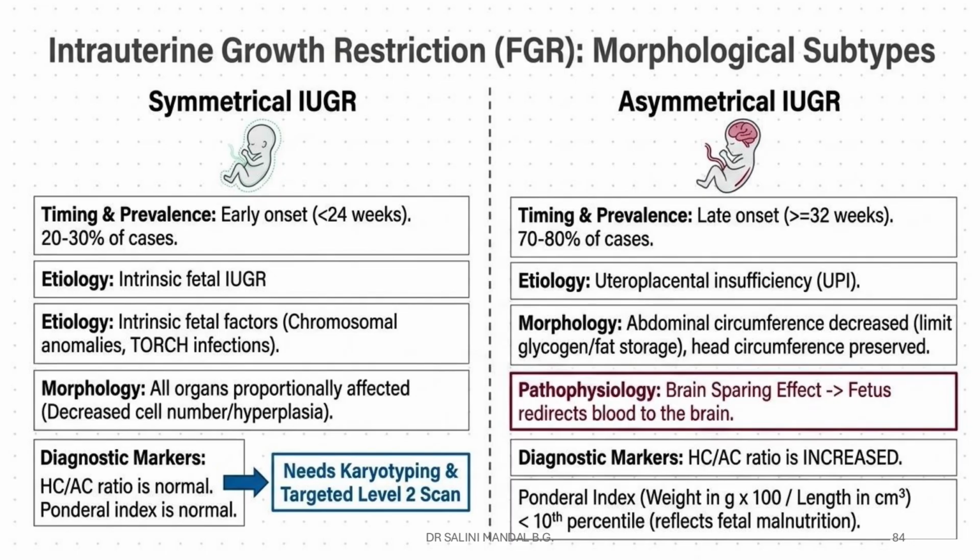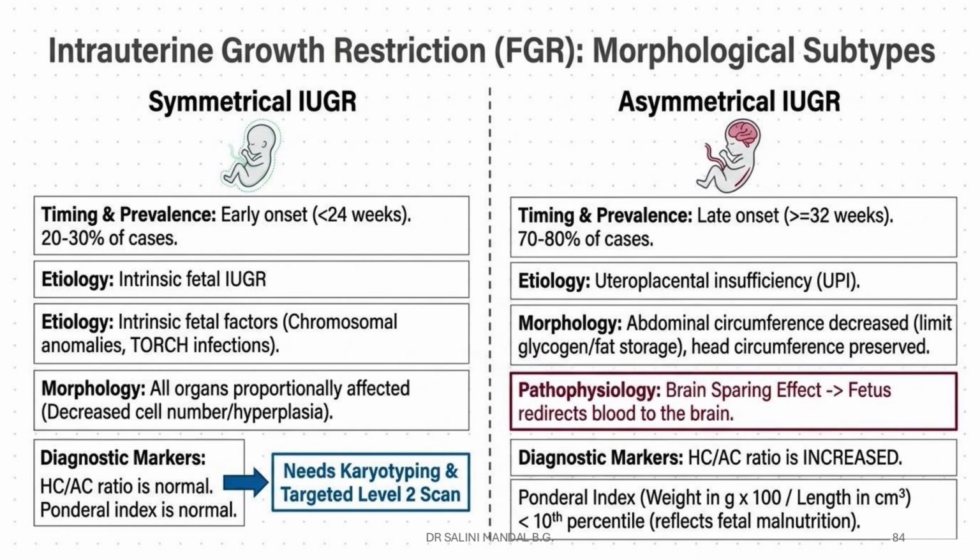But whereas our asymmetrical is uteroplacental insufficiency, and head circumference is preserved, but abdominal circumference is decreased over here. And in case of symmetrical, all organs are proportionally affected, but asymmetrical no. Brain sparing effect, right? So other particular parts of the body will be less in size than that of the head.